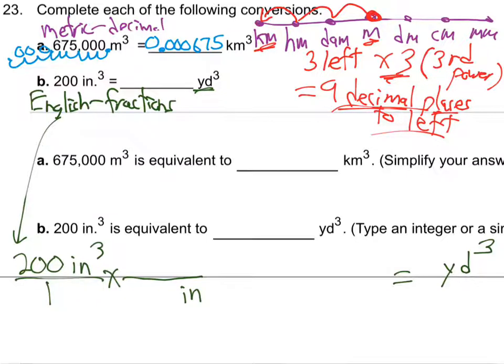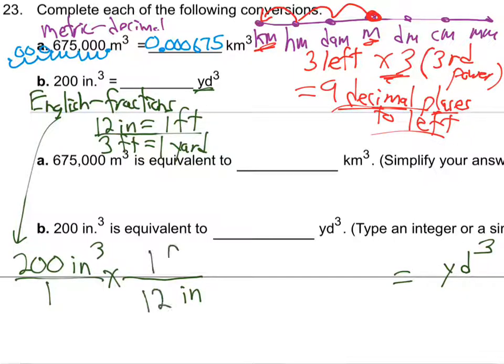What can we go to easily? Remember the conversion? 12 inches is 1 foot, and 3 feet is 1 yard. Have those on your notes for the exam. So we can easily do this one. Right here, we can go 12 inches is 1 foot. Now nothing's third power yet, but now we need to make it third power, don't we?